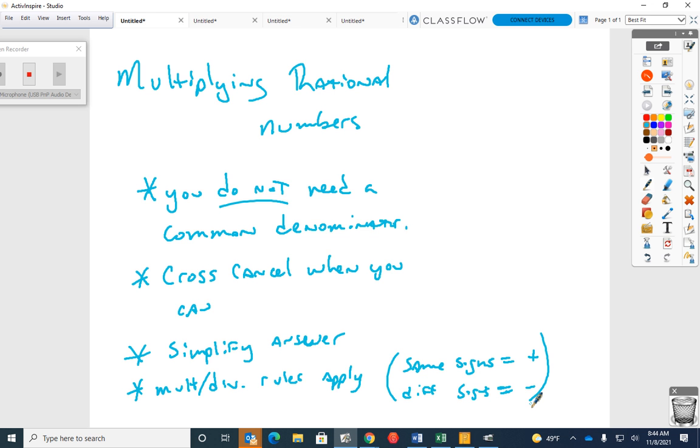Now, none of these today are mixed numbers. These are all just regular fractions. They might be improper. They might not, okay? But we're going to do some of these. Does everybody have that copied down? No. Okay.